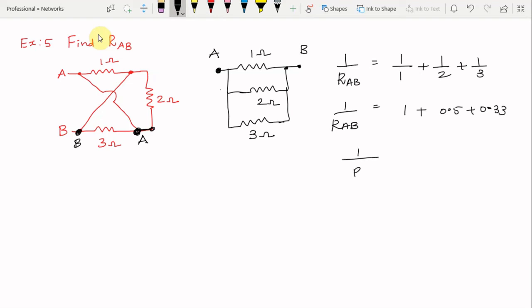So 1 divided by RAB is equal to 1.833. If you invert this, you will get the equivalent resistance as 0.545 ohms.